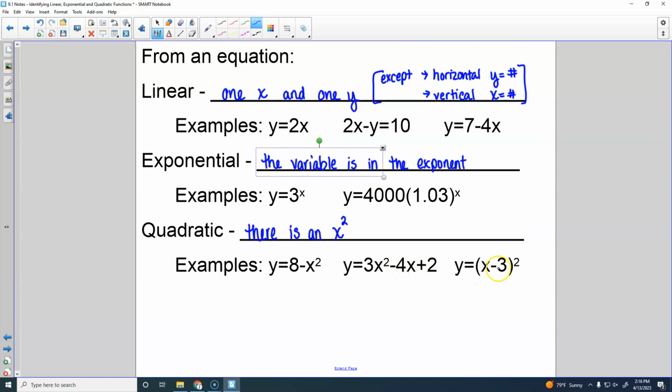This one right here, does this one have an x squared in its equation? It doesn't, but you're squaring this on the outside, right? So if you squared it, you would get an x squared, right? So it still involves squaring something that has an x in it. So that's going to also be a quadratic. Okay, questions?